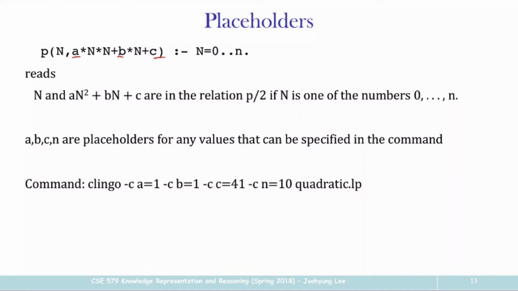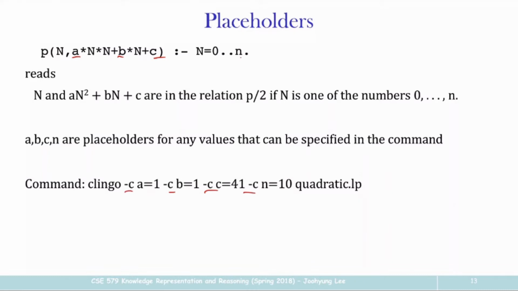So the same program here, and you call these options. Dash c means you are giving the value for these placeholders. So a is now 1, b is 1, c is 41. Then it will operate the same as in the previous file, but it could be more general if you change the coefficients a, b, and c.